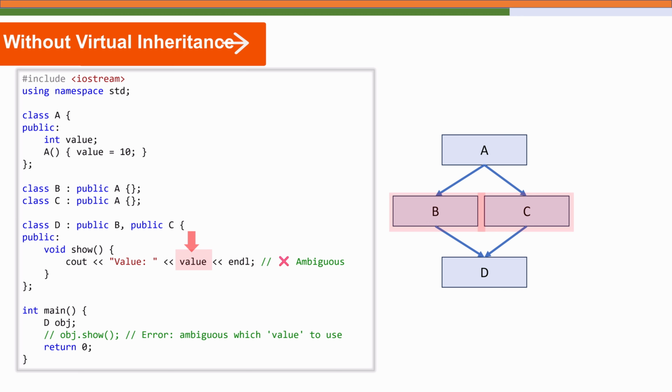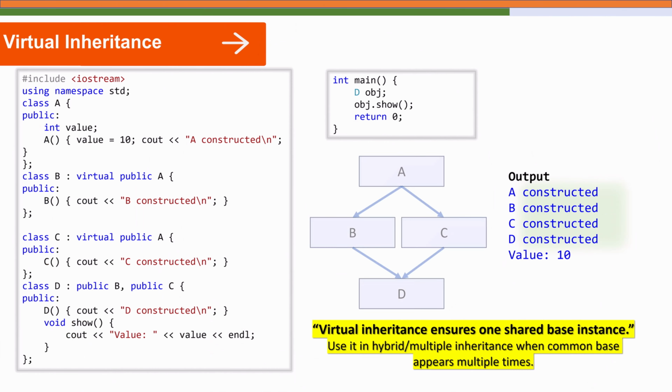As a temporary fix, you could write a scope resolution operator, that is B::value or C::value, but that doesn't solve the real problem. You still have duplicate A objects. So the real solution is virtual inheritance. Now let's rewrite B and C like this. While inheriting, you insert the keyword virtual.